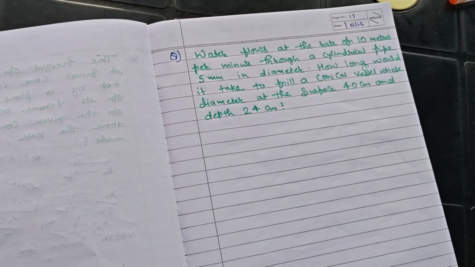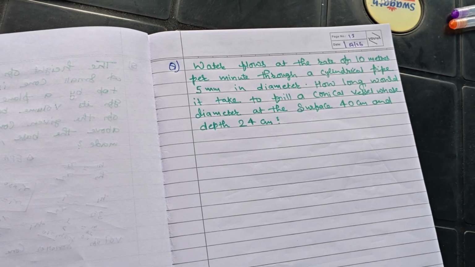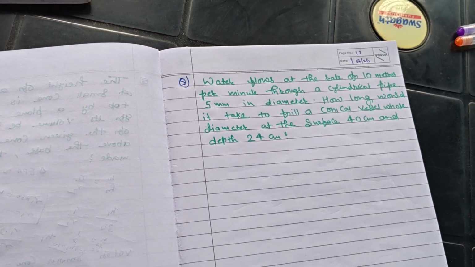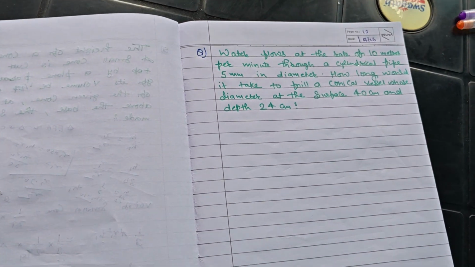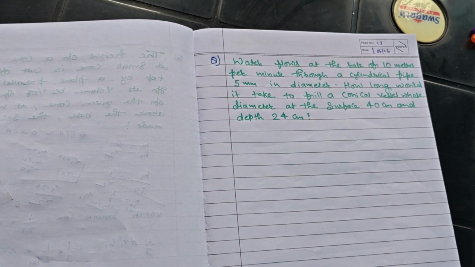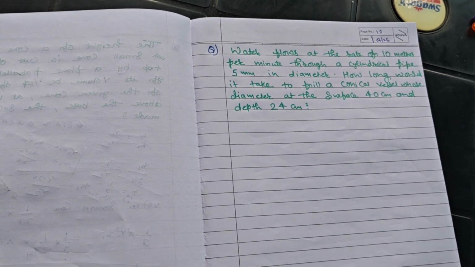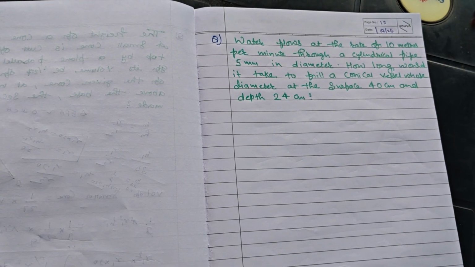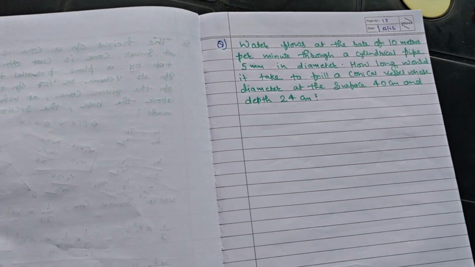Now in another question, water flows at the rate of 10 meter per minute through a cylindrical pipe 5 millimeter in diameter. How long would it take to fill a conical vessel with diameter at the surface 40 centimeter and depth 24 centimeter?